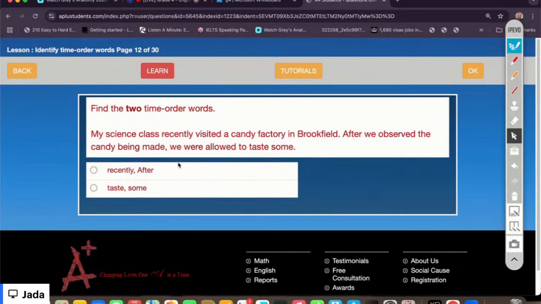So my science class recently visited a candy factory in Brookfield. After we observed the candy being made, we were allowed to taste some.